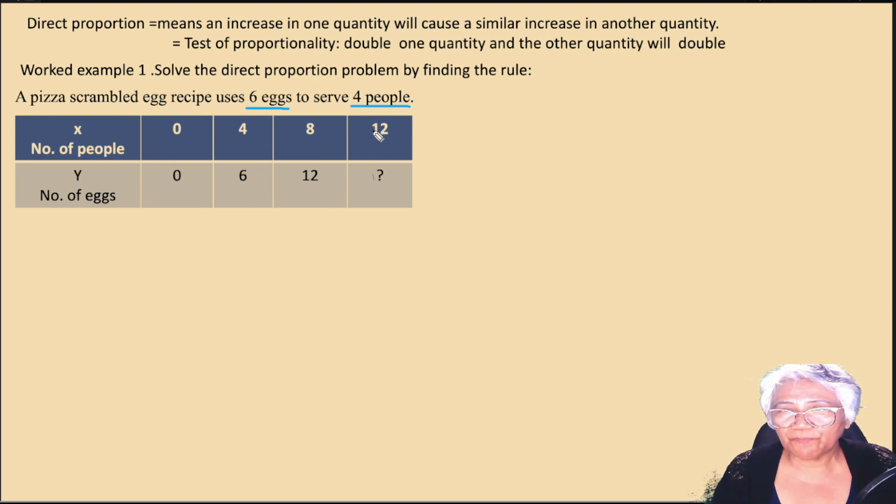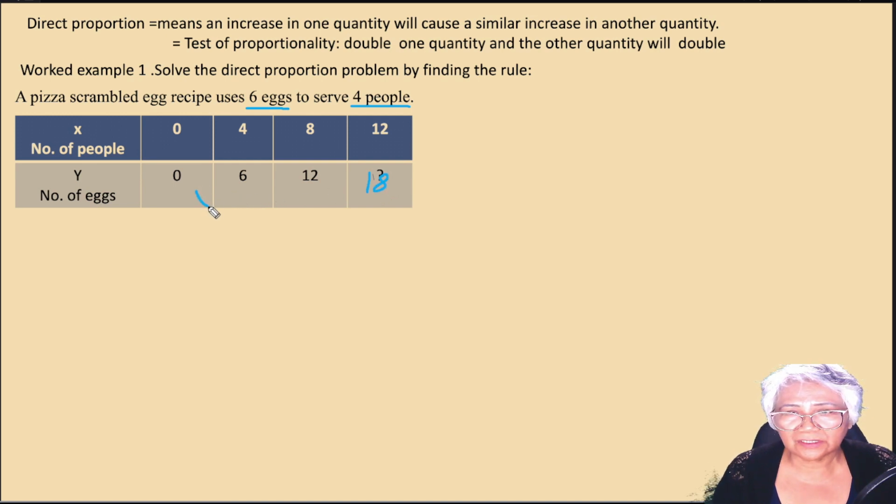So for 12 people, what number of eggs do you need? By extending this, we come to know that it should be 18. Why is that?